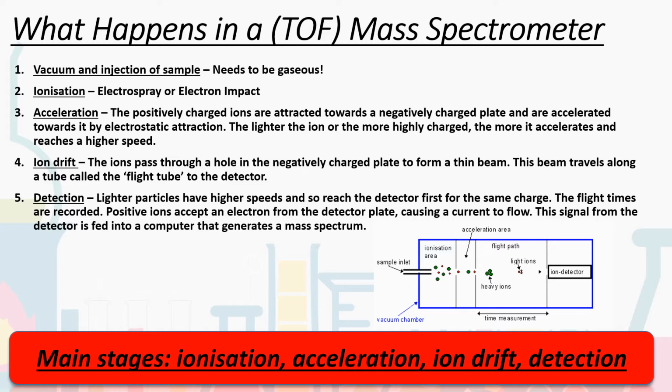And clearly you can think that the more of the type of ion that we have hitting it, the greater the electron flow will need to be to neutralize that charge, and hence the greater the current, so we'll see that the intensity of the peak that we get is higher.